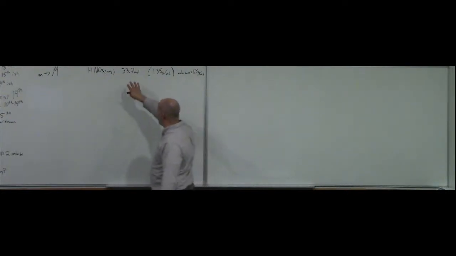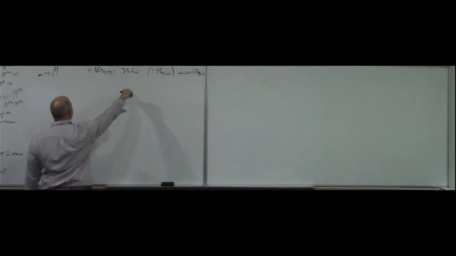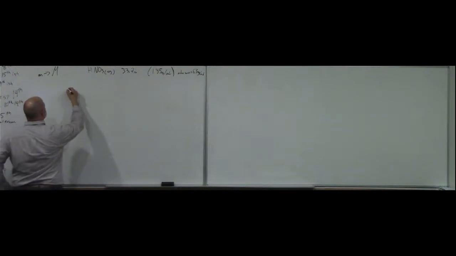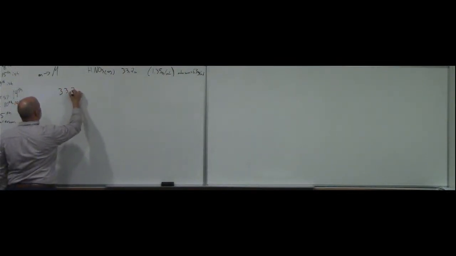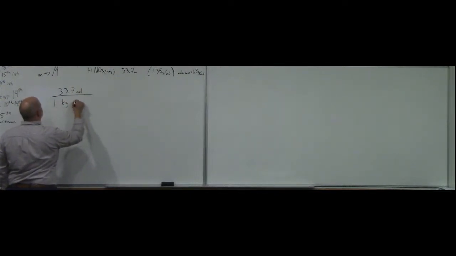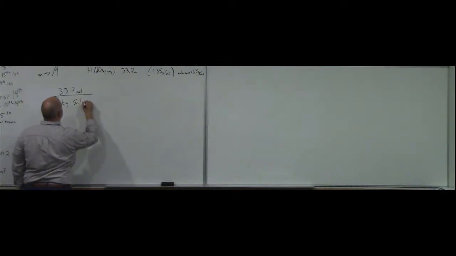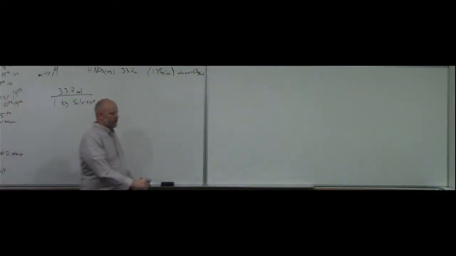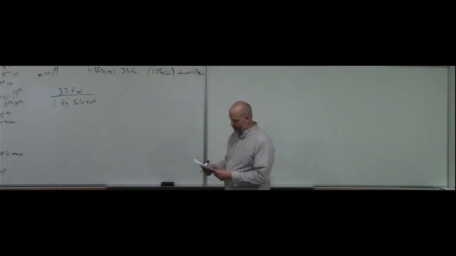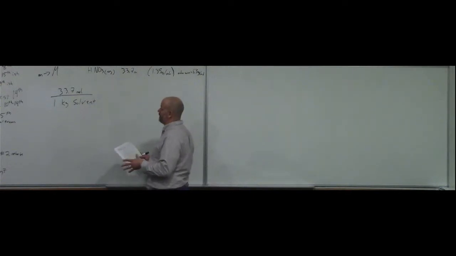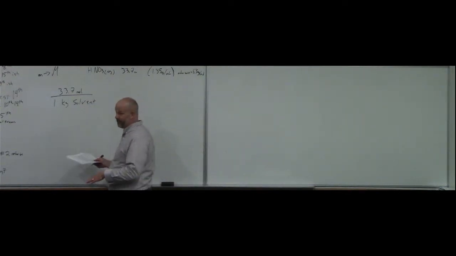So we have a 33.7 molal solution, right? We have its density. So that tells me right away that I have 33.7 moles per 1 kilogram of solvent. First thing that I'm going to recommend in solving this problem is to get everything into kilograms or grams, whichever one, and that's going to be really useful.